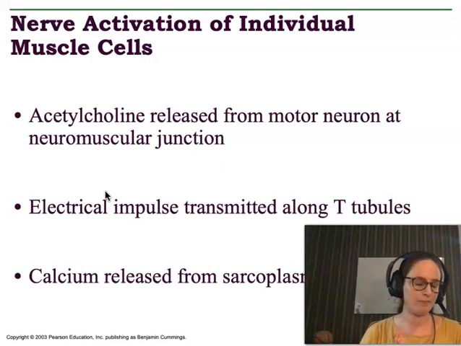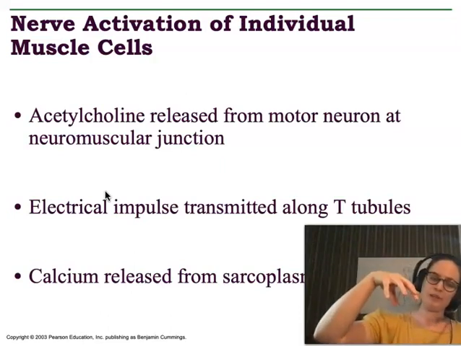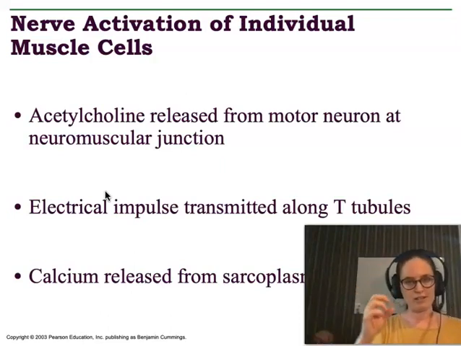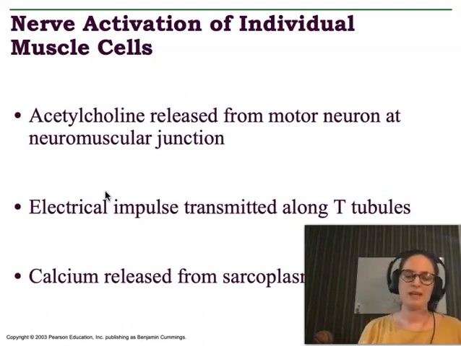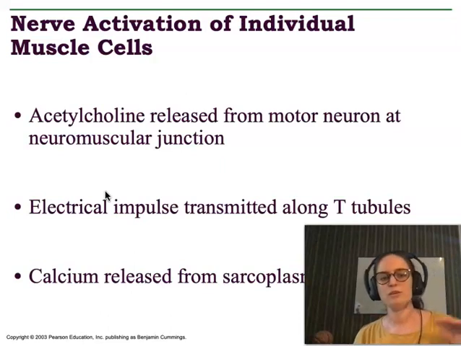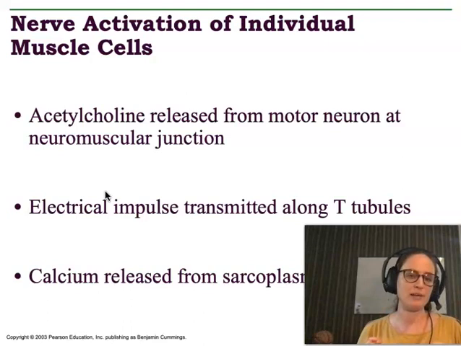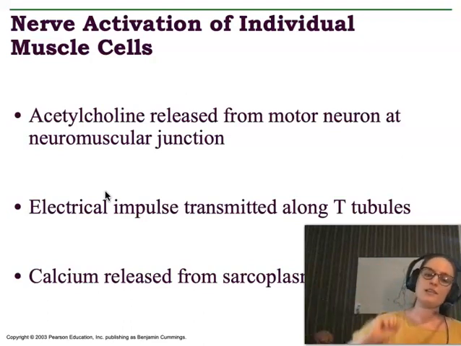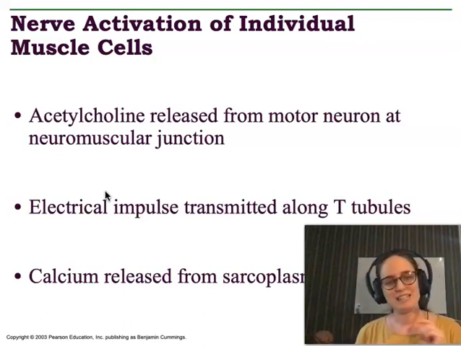Here's the whole story. You have a neuron, and the end of that neuron is called a synaptic knob, and that synaptic knob is going to synapse onto the neuromuscular junction, onto a specific spot on the sarcolemma. That neuron is going to release a neurotransmitter called acetylcholine.